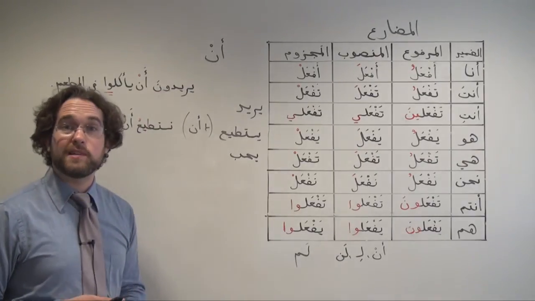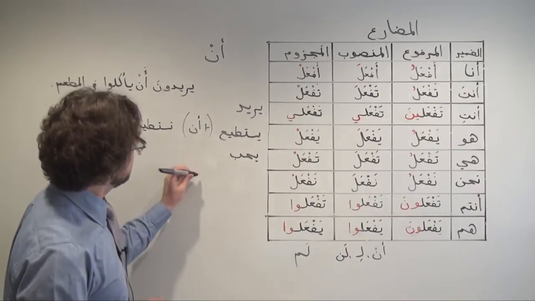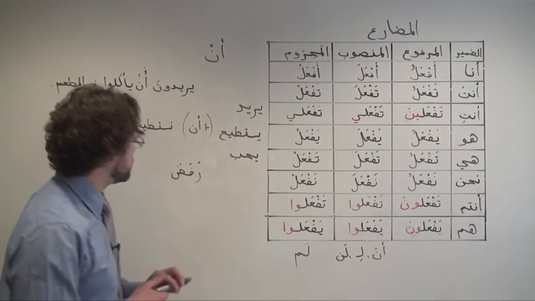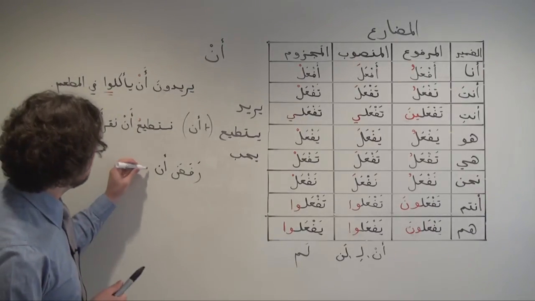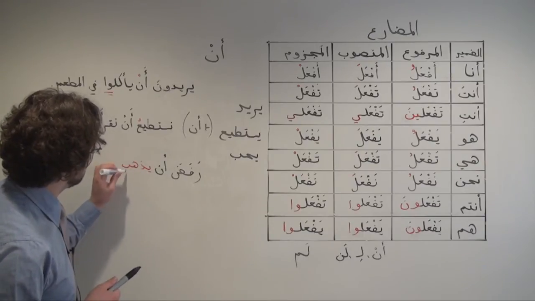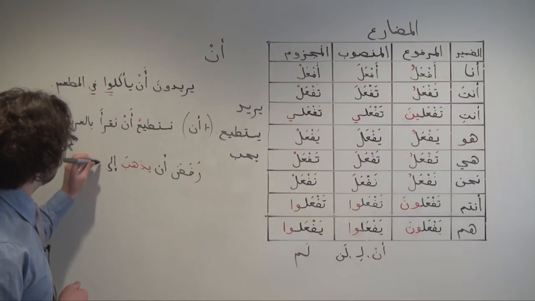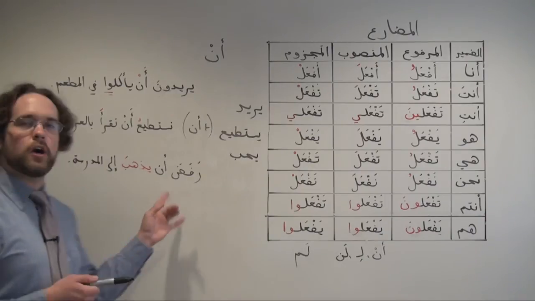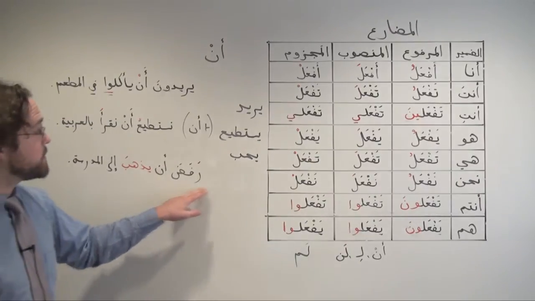One more example, we could say he refused to go to school. Rafada, he refused. An yadhhab, or an yadhhaba ila al-madrasa. Here we're talking about an action that took place in the past, and we see that because of our conjugated past tense verb.